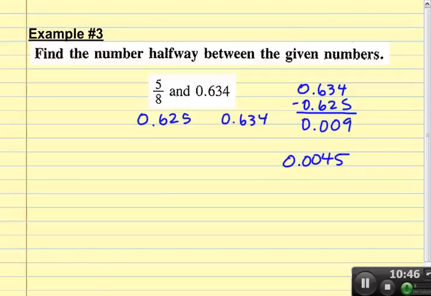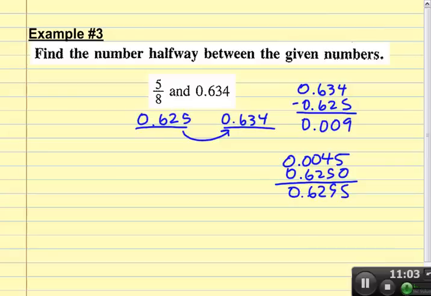So that's half of the distance between these two. So I'm just going to either add it to this one or subtract it from this one. And just add it to 0.625. I'll just put a 0 on the end. Okay, so 0.6295. This is the number halfway between here and here.